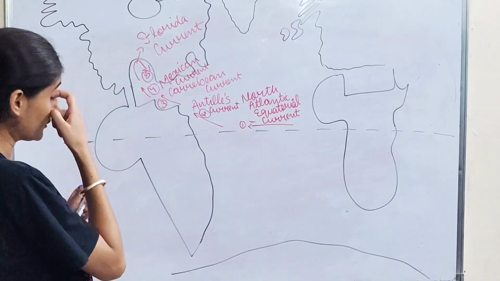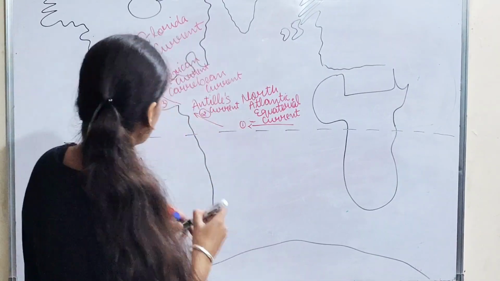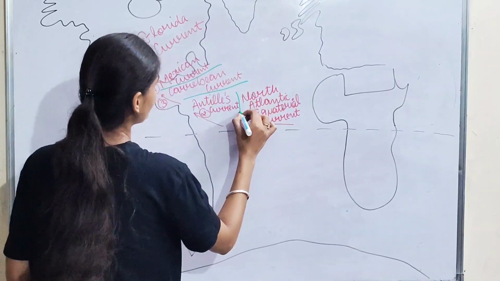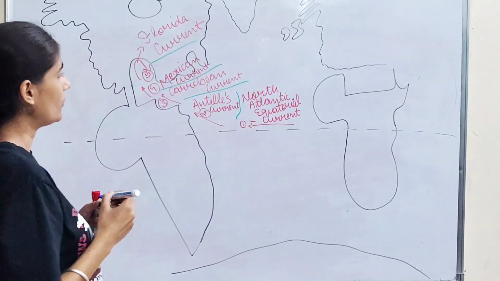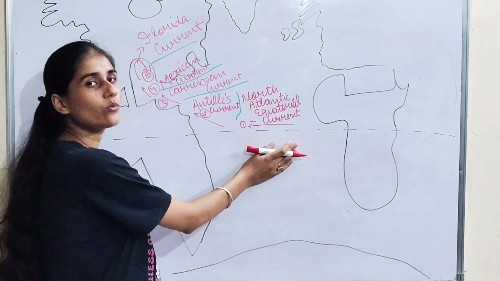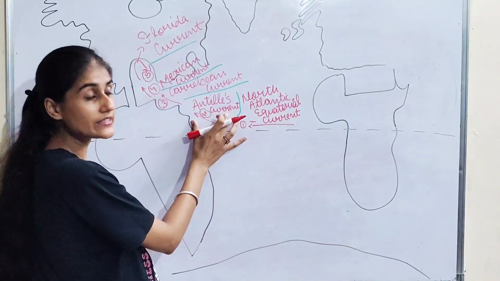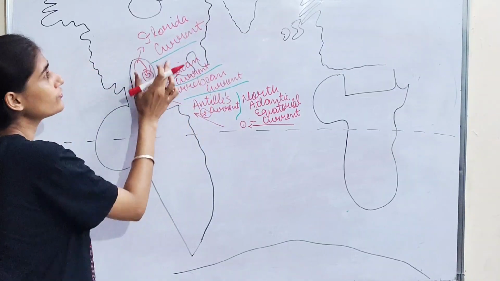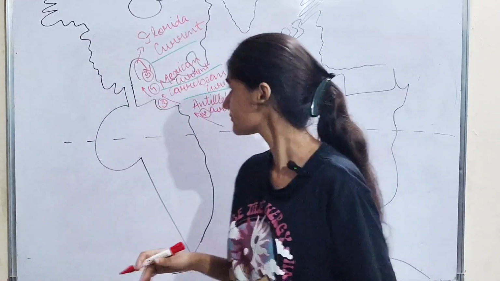I think it has become so confusing. Just wait a minute. Now it's okay. So the first is the North Atlantic Equatorial Current, second is the Antilles Current, Caribbean Current, Mexican Current, and the fifth is the Florida Current.